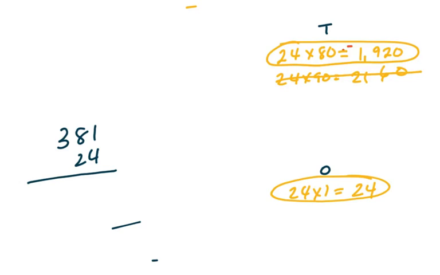So 4 times 1 is 4. 4 times 80 is 320. So we bring down our 2. We group our 300. 4 times 3 is 12. Plus 3 more is 1,524.